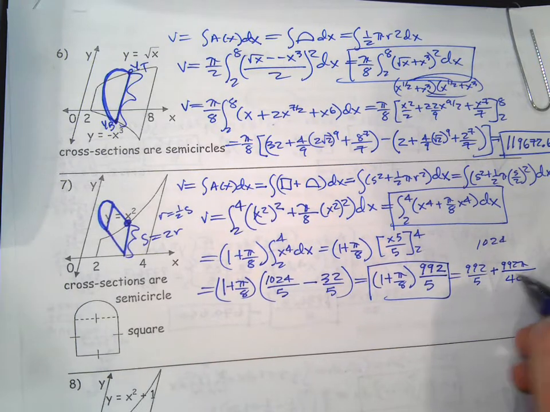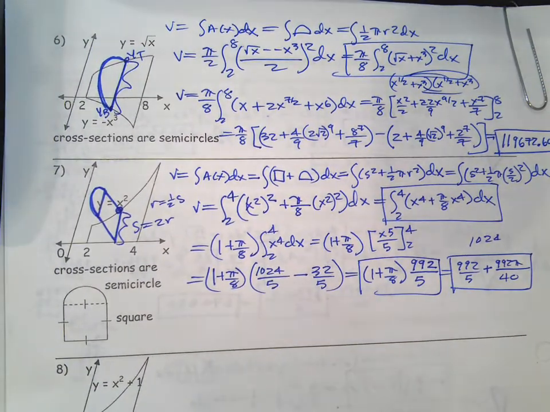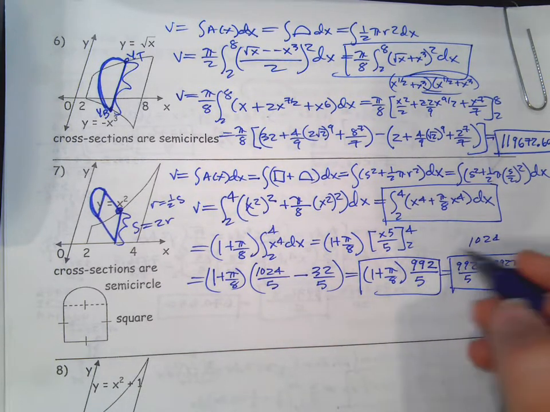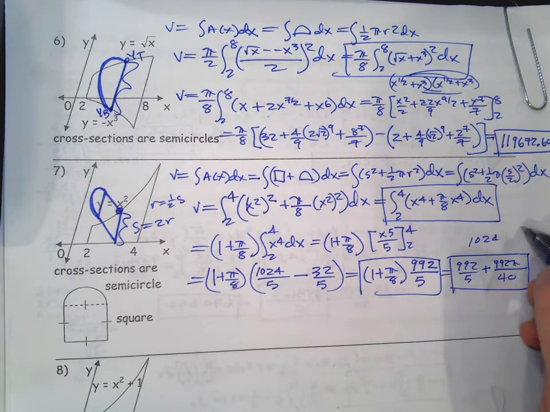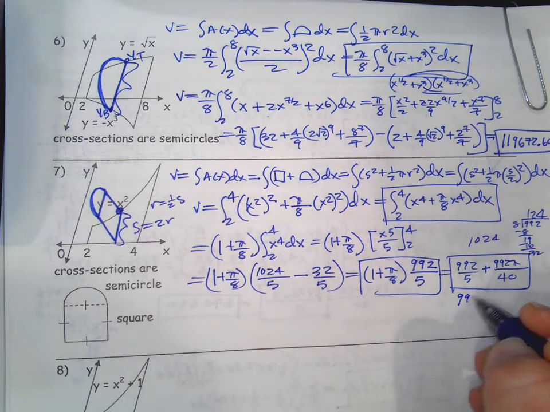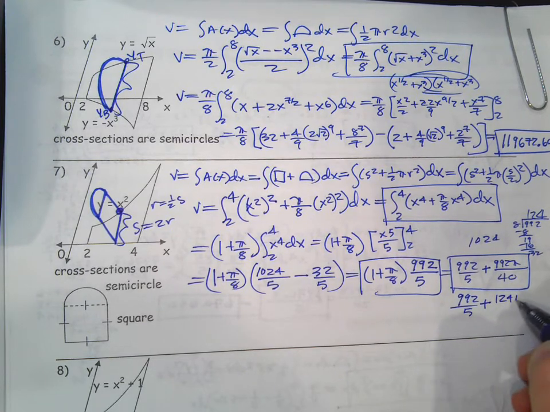We could probably reduce that if we wanted to. Like 8 might go into 992. Actually, I don't know. Let's see, 992 divided by 8. Okay, so we could say 992 over 5 plus 124 pi over 5.